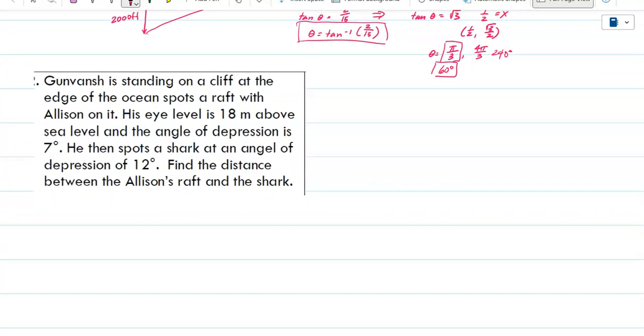Okay, so Gunvaj is standing on a cliff on the edge, and he spots a raft in the ocean with Allison in it.